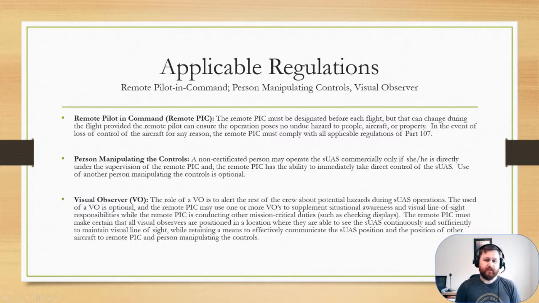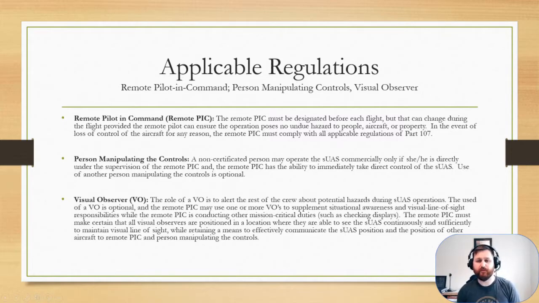The person manipulating the controls is any non-certified person who is actually operating the sUAS. This is an important thing too: from a hobby perspective, I don't have to be Part 107 certified, but if I'm using it commercially, I do.